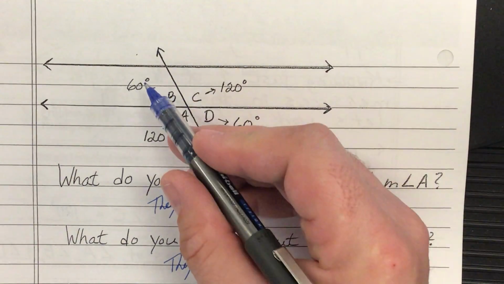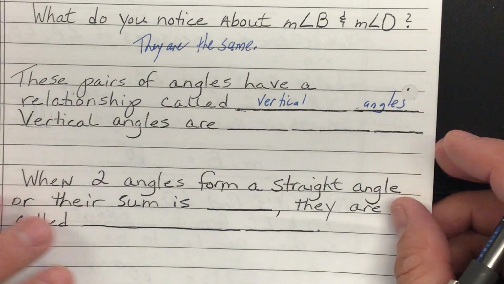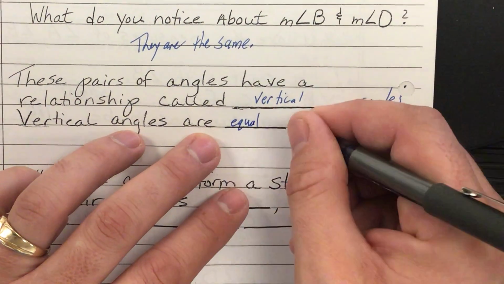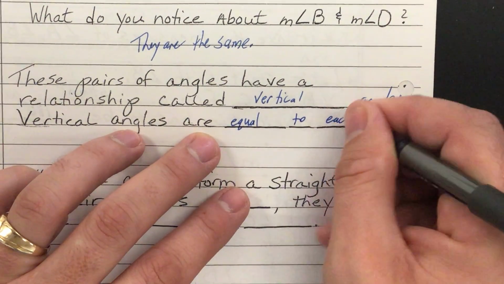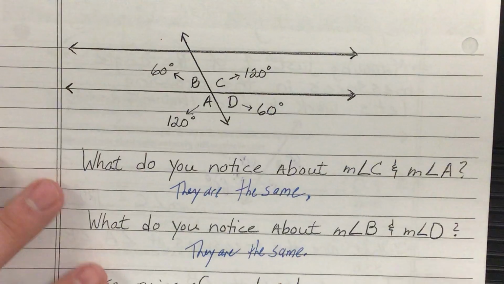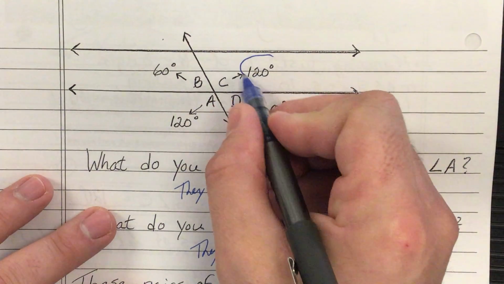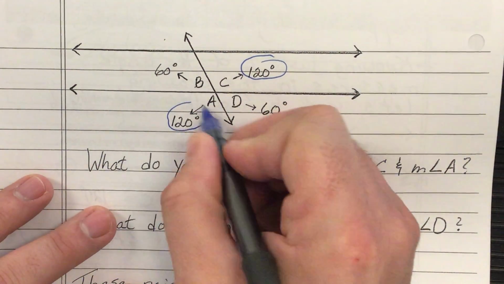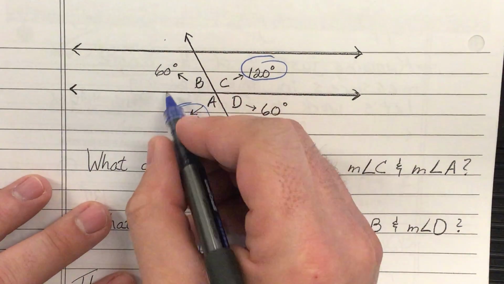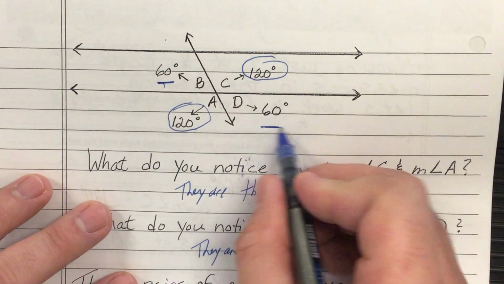Vertical angles are equal to each other. So if they are straight across from each other, guys, vertical angles are equal.